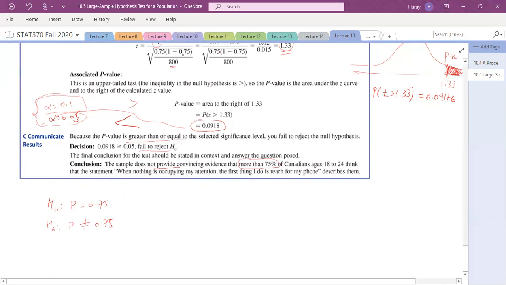So all the procedure is the same. I'm not going to repeat everything. And the calculation for the test statistic will be the same. So you will have this one. The only difference is in the p-value. The p-value in this case will be on both sides. On this side, you will have negative 1.33, and on this side, you will have positive 1.33.